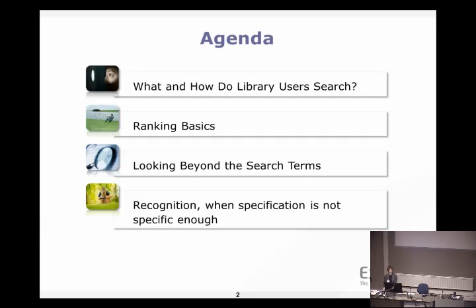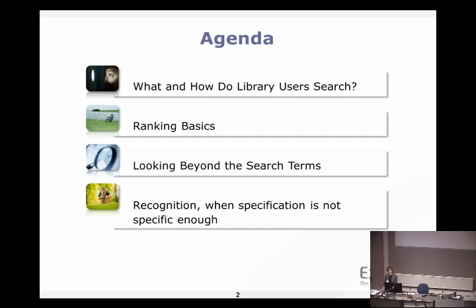I'm going to cover in my presentation 4 topics. First is what users are searching, library users are searching, and I'm talking about a discovery system. But I can tell you from my experience that it's very similar to catalog searching. It's just the search scope is different, so the queries adapt to it.